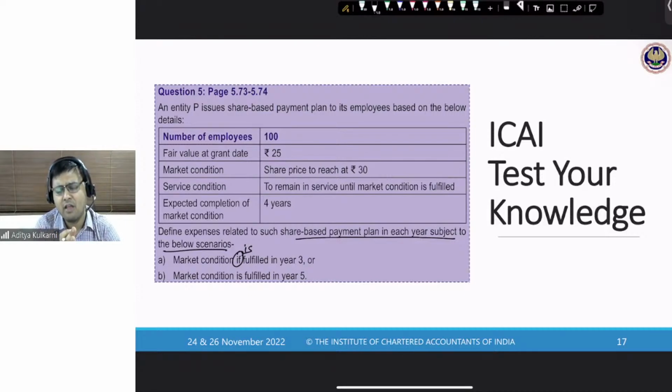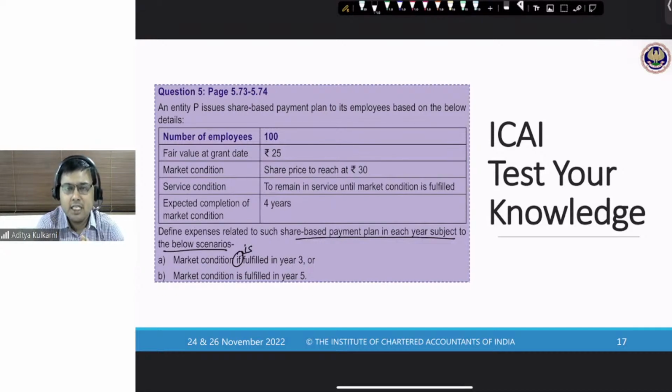Okay. सर अभी तो आप कह रहे थे आप नहीं लोगे, अभी आप ले रहे हो. लेना पड़ेगा because I have to determine the estimate when the market price will touch 30 rupees, because that time period is deciding my vesting period, and vesting period is a service condition, and service condition means मेरा EBE कितना रहेगा, I have to find that out. And therefore the standard tells us that you will determine the vesting period on the grant date.